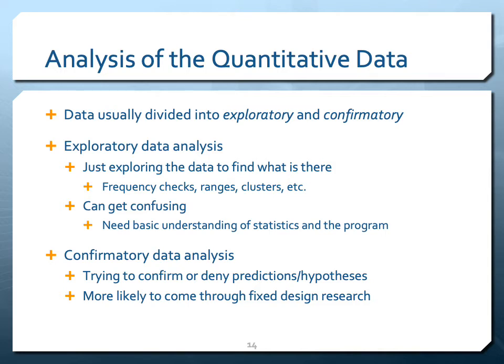Or confirmatory is where you've already got some ideas, you've created some hypotheses, some predictions of the way things might occur, and the data and the types of analyses that you're doing with the data, you're trying to either confirm or deny your ideas.